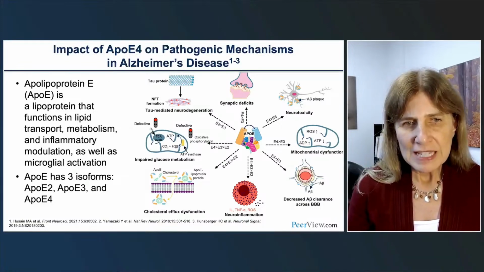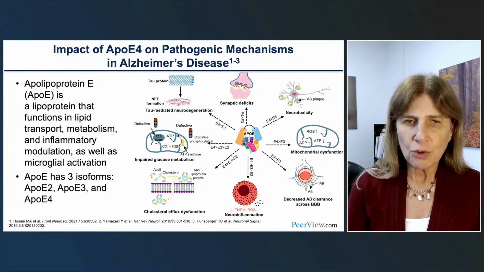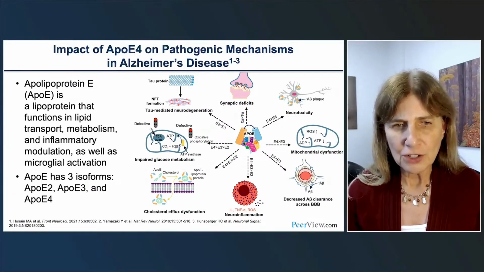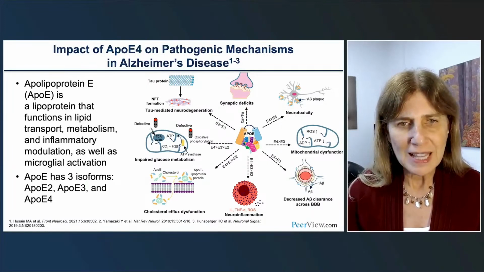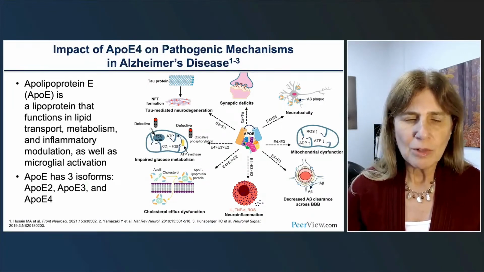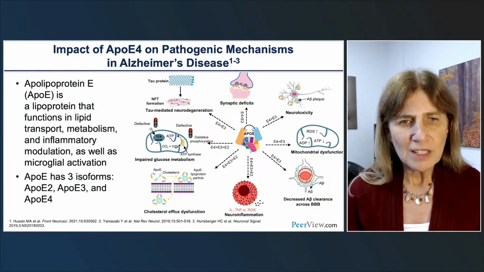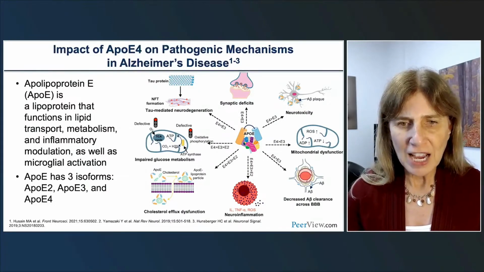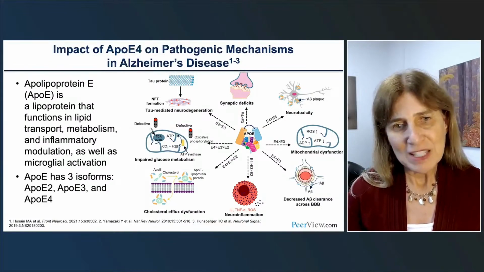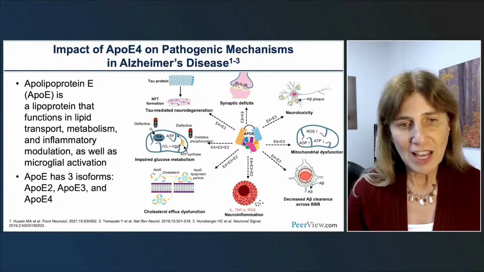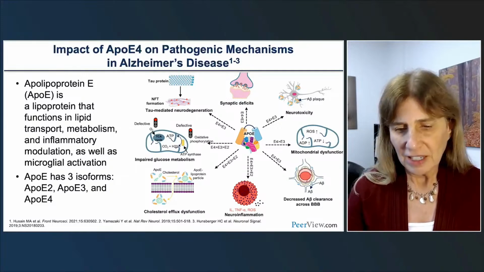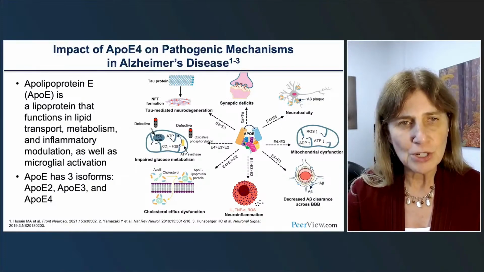And what we see on this slide is the different isoforms of ApoE have different relative actions with relationship to things like glucose metabolism, cholesterol transport, but particularly for Alzheimer's disease, clearance of A beta, influencing the rate of hyperphosphorylation of tau, and synaptic deficits as well. They contribute to that, and mitochondrial function. So which ApoE alleles you inherit are important in a disease like Alzheimer's disease.